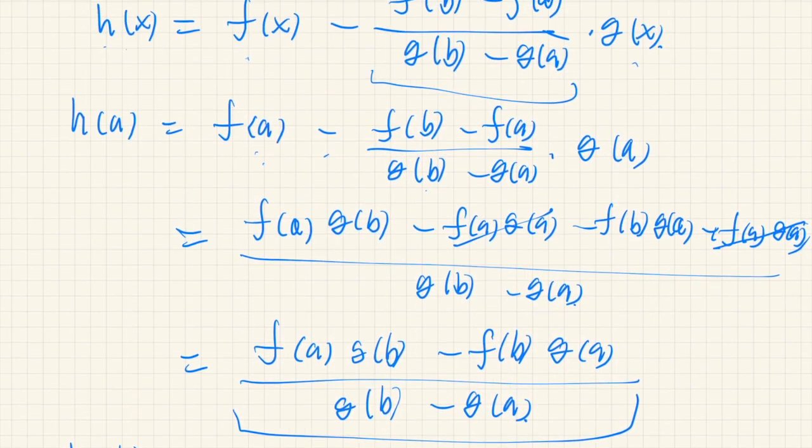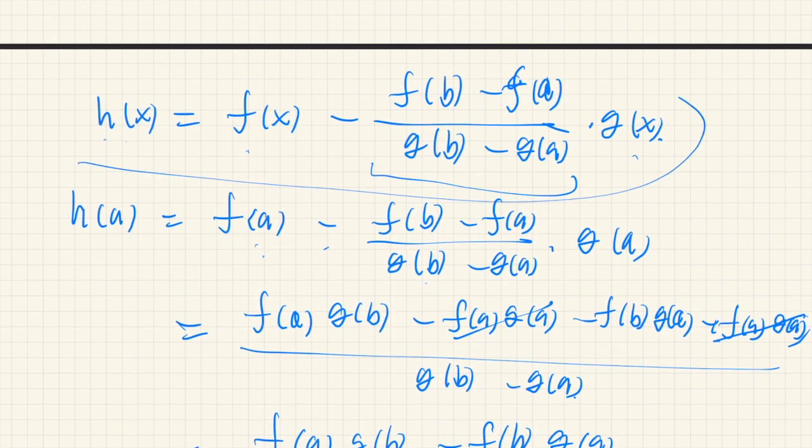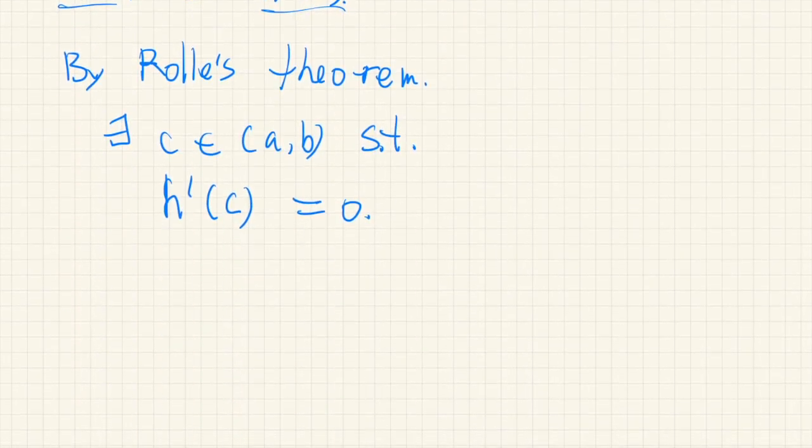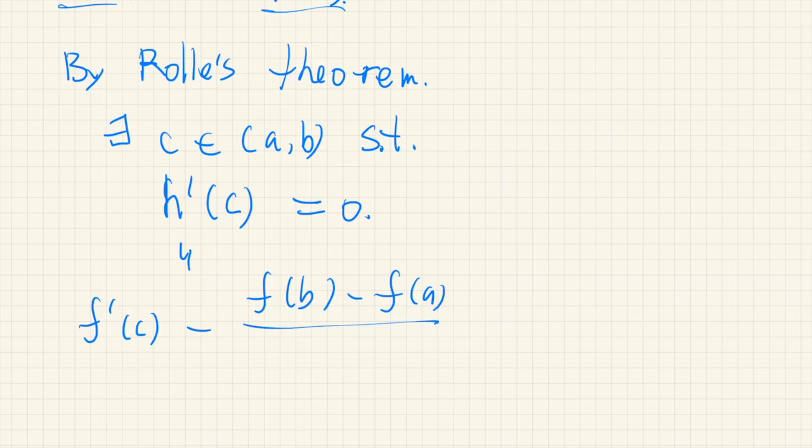But if we apply the definition of this h, the derivative h prime means this is equal to f prime of c minus f of b minus f of a over g of b minus g of a times g prime of c. This should be equal to 0.